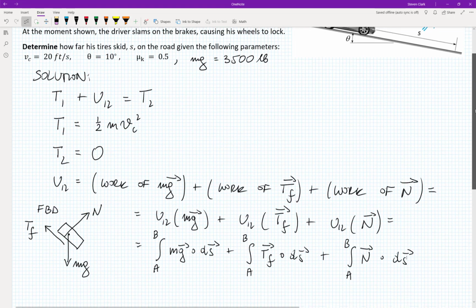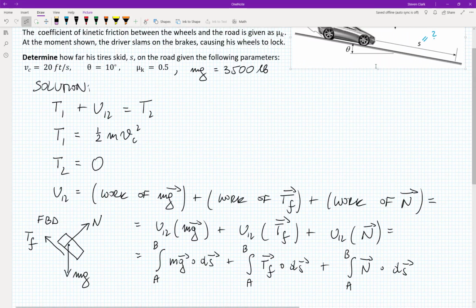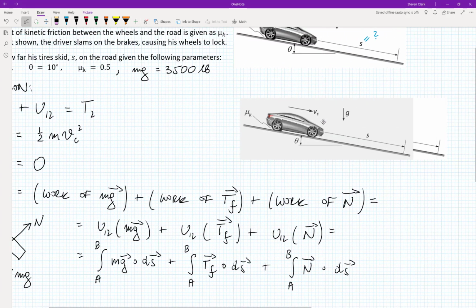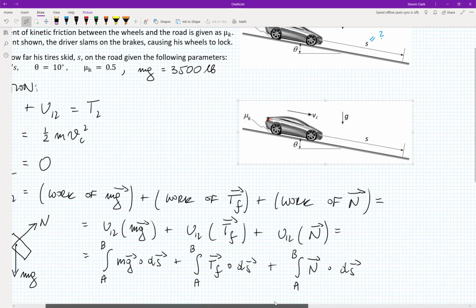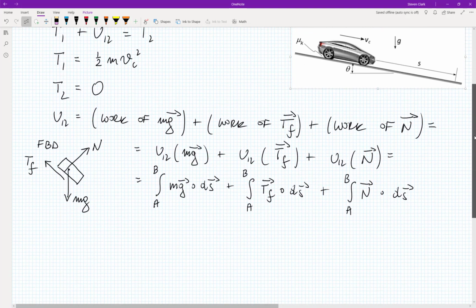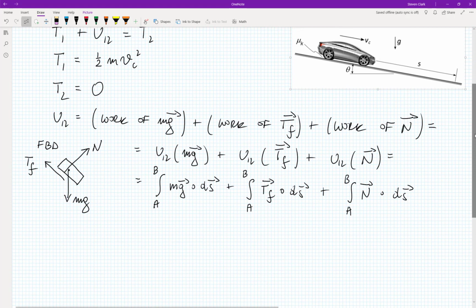Okay, so all of a sudden we have ds in our equations, yes? Let me maybe introduce that ds on the FBD. So I believe that this is the trajectory of our car, yes? This is the trajectory.